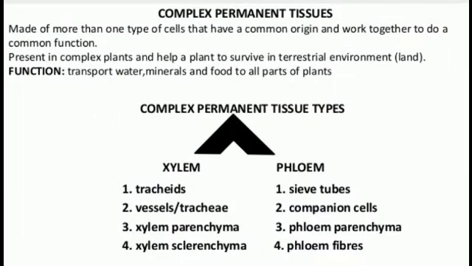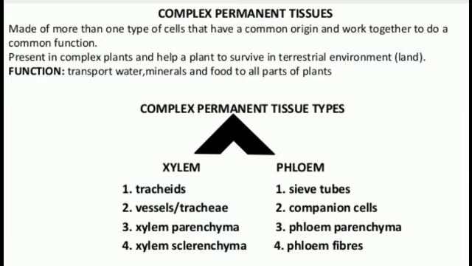Now, let us start complex tissue. See, complex tissue by name only, it is clear that they are made up of more than one type of tissue. So, complex tissues are mainly of two types. One is xylem, another is phloem.